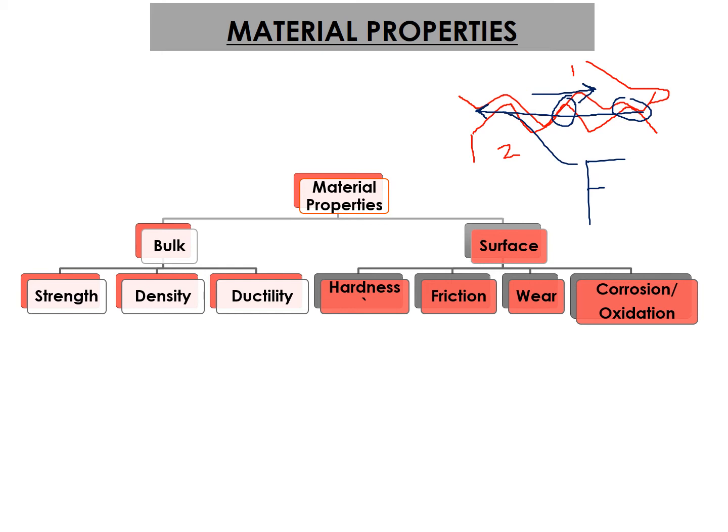Then come corrosion and oxidation. Corrosion, we know, is the removal of the material caused due to electrochemical reactions. And oxidation, when your material is exposed to oxygen, it will form some sort of oxides.